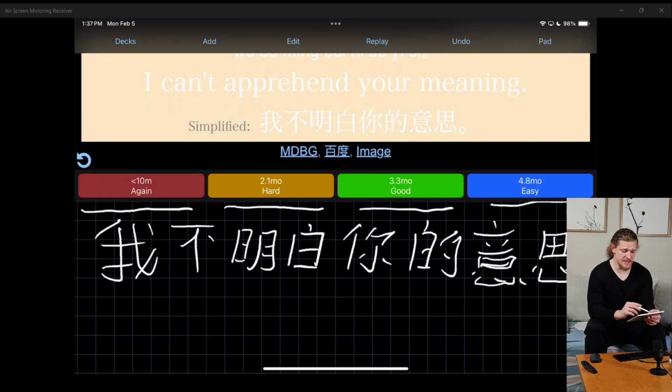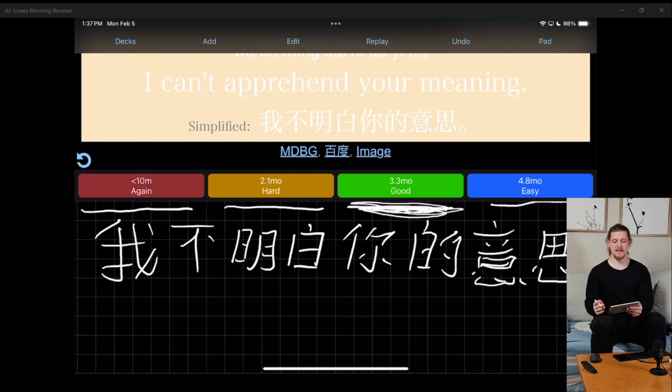If I say that it was good, which means that I knew the character, it wasn't a problem, I knew the sentence, it's going to show me this particular card again in 3 months. I'm not going to see this one for 3 months because I've already done it several times, and each time that it shows it to me and I get it right, it's going to push that amount of time back even further. And if I say again, it's going to show it to me in 10 minutes. And then it'll start cycling it back through into longer and longer time frames.